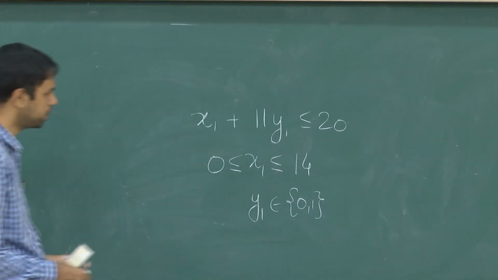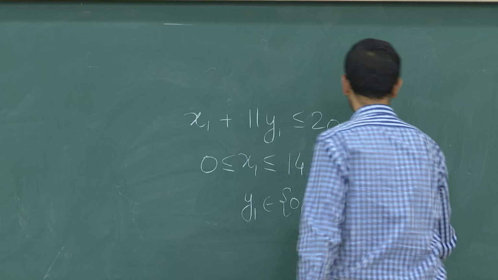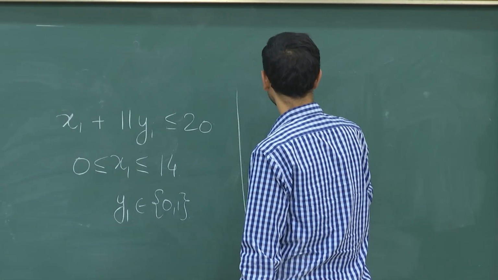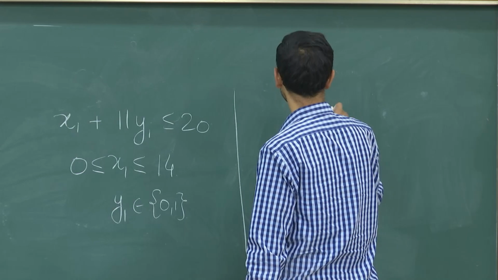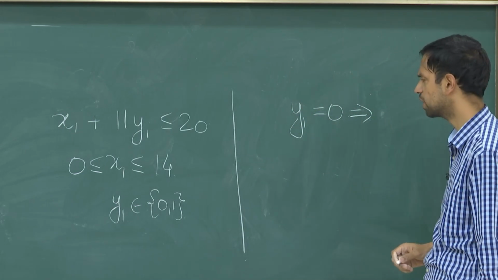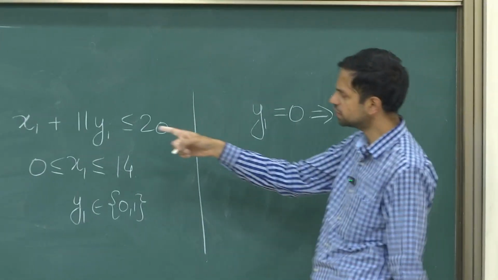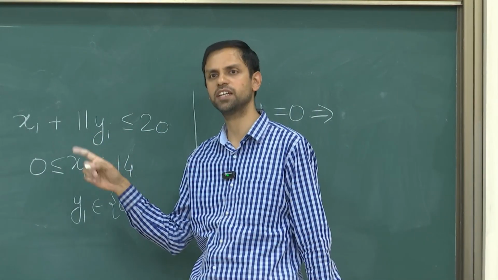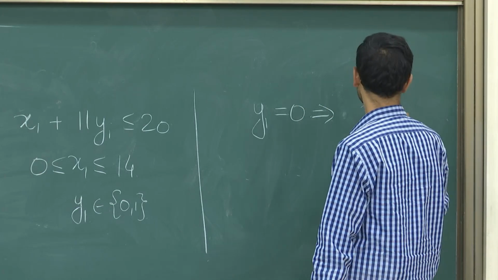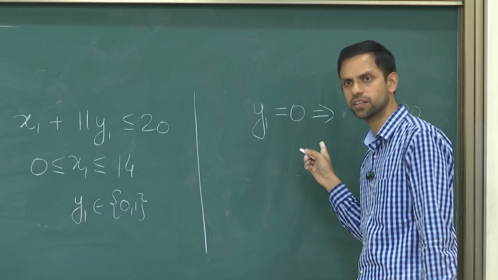So without drawing the picture, what happens when y1 is equal to 0? The first constraint changes to x1 less than or equal to 20, which is redundant.